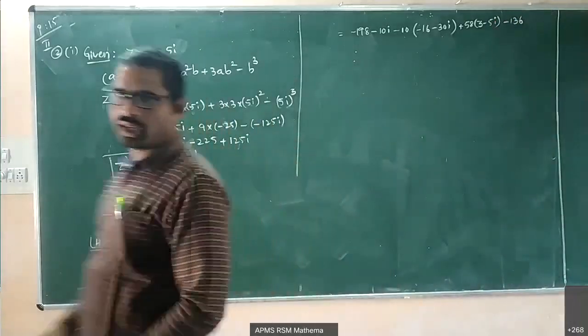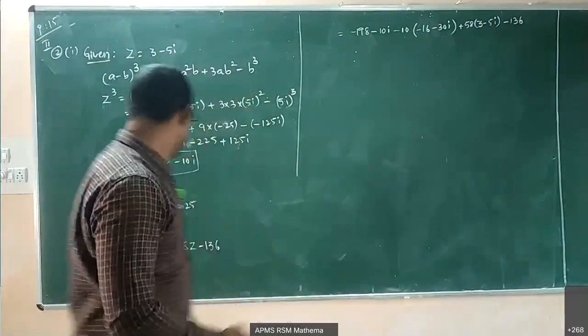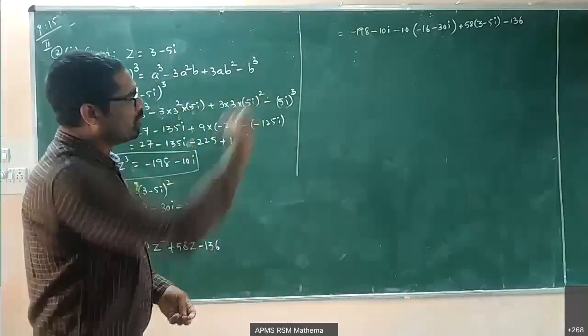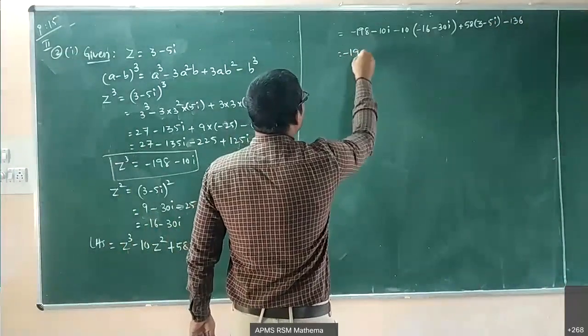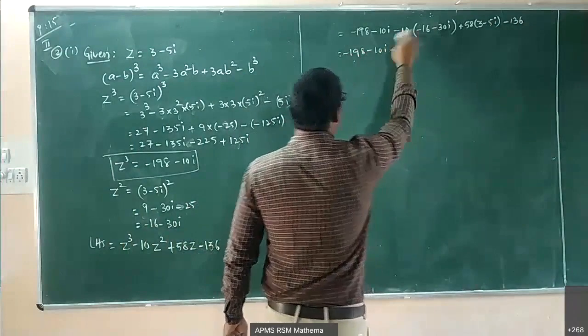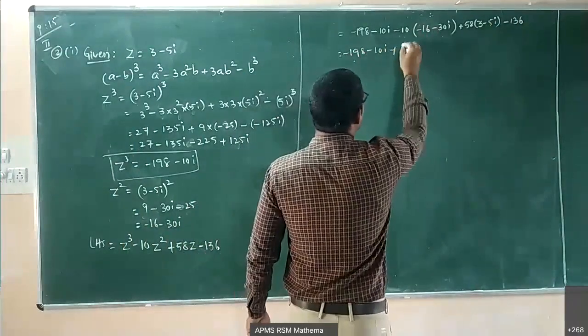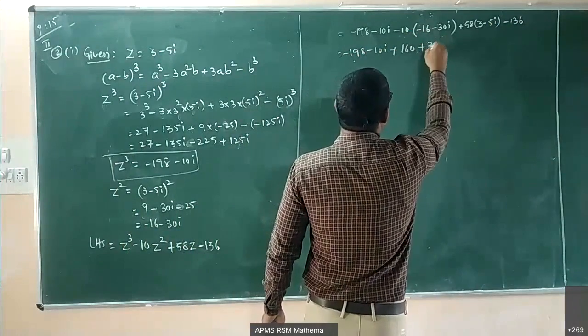We have substituted Z cube value, Z square value, Z value in LHS. Now we will simplify. Minus 198 minus 10i, minus into minus plus 160, minus into minus plus 300i.